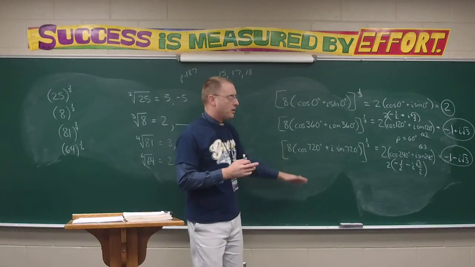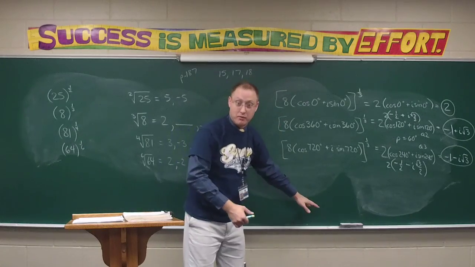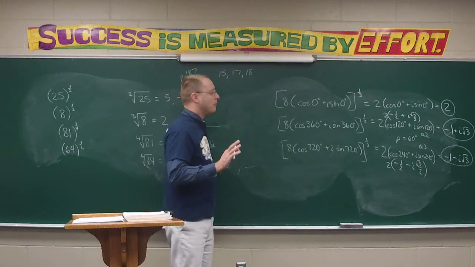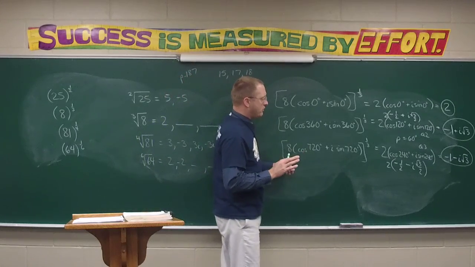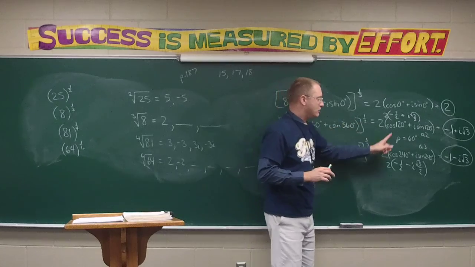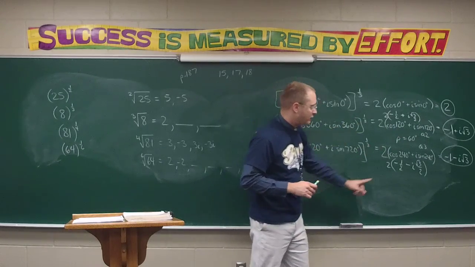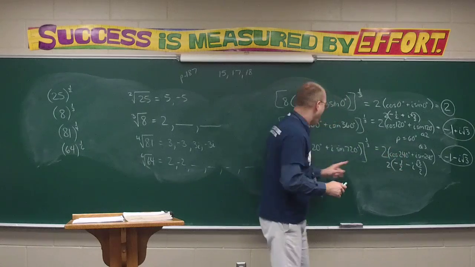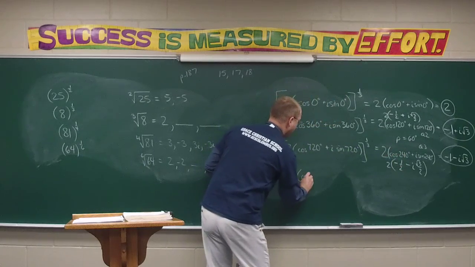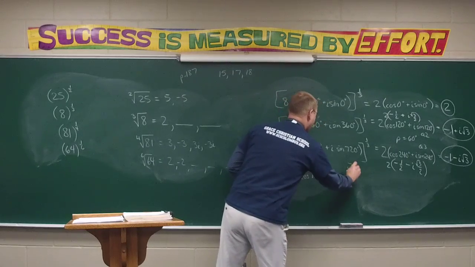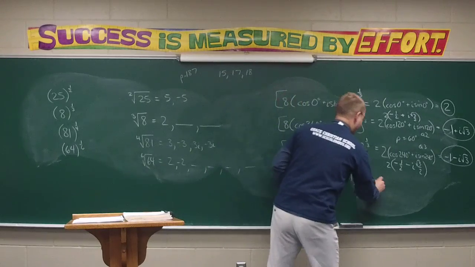And I could do 1440 plus i sine 1440. And you get the idea, right? Well, do you notice the pattern though? When you take a third of 360, it gives you 120. You take a third of 720, it gives you 240. What if I did try to get one more? I raise all this to the 1/3, and I'm going to get a 4th one.